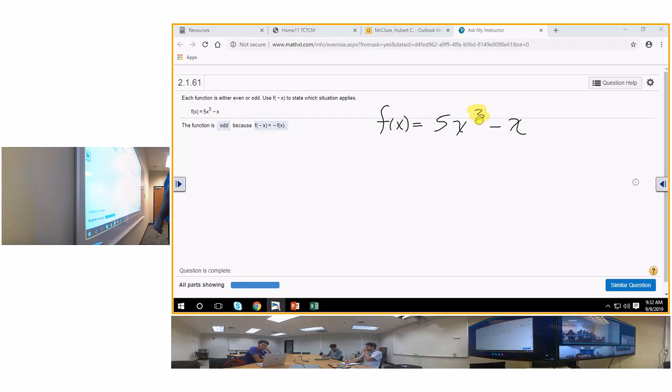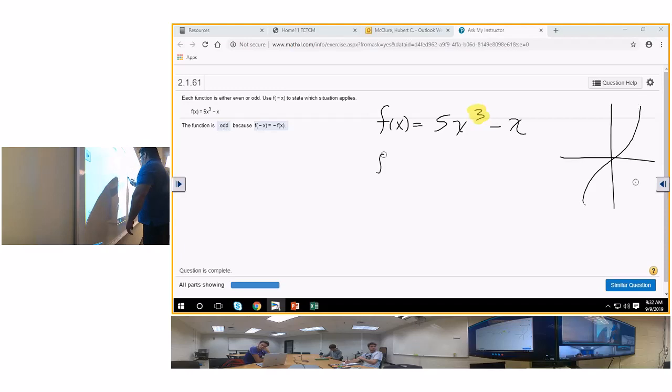It's a cube. So chances are your parent graph is going to look something like what? Which is symmetrical around the what? Around the origin. So we know that much, but let's go ahead and plug in. We need to see if f of negative x is equal to f of x for even.